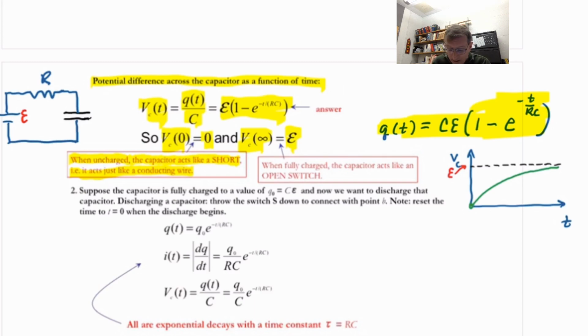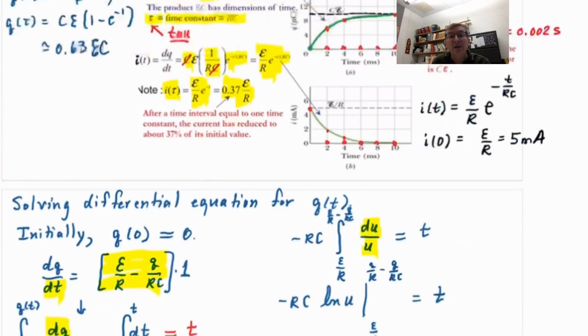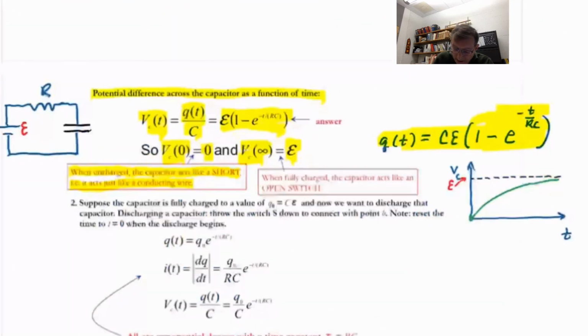So after a very long amount of time, this circuit acts like there's no current. Well, of course, that's what I just found up there in the graph of the current versus time. It goes to 0 after a long amount of time. But if I have a loop like this, just a single loop, where there's no current at all, then it's acting like there's an open switch somewhere.